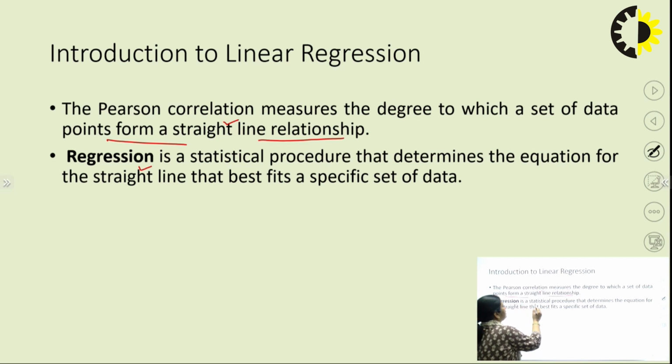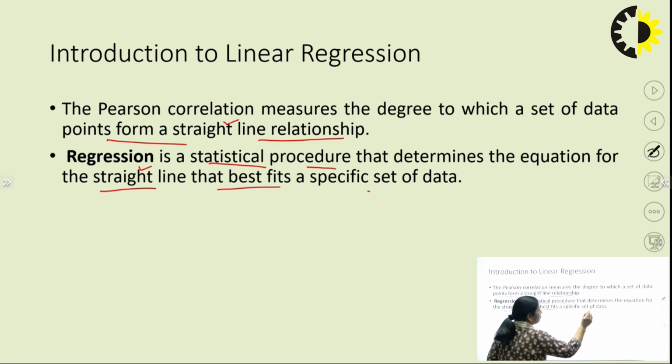Regression is a statistical procedure that determines the equation for the straight line that best fits a specific set of data. It is the procedure with the help of which we find the straight line that best fits the data set we are given.